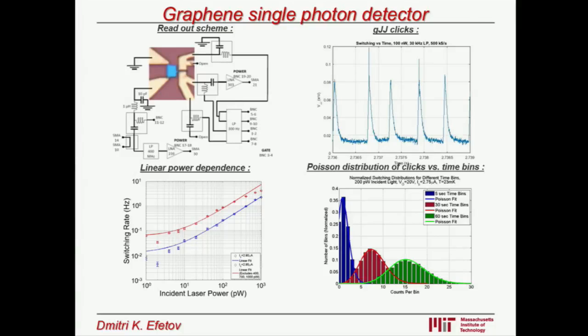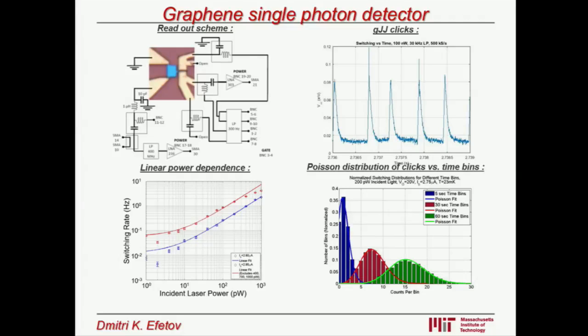Can you remind me how you are sending single photons to the device? We have a dilution fridge with a laser fiber. What do you use as a single photon source? Just an attenuated laser. Right now, at this stage of the experiment, we just send very attenuated power.